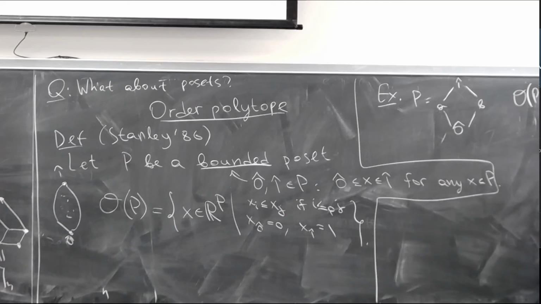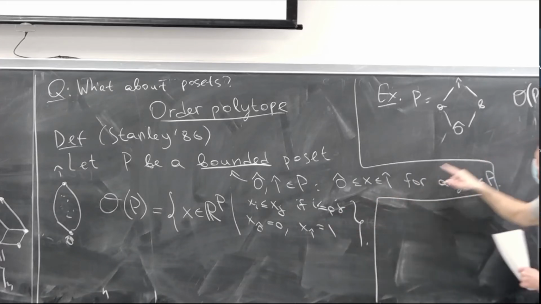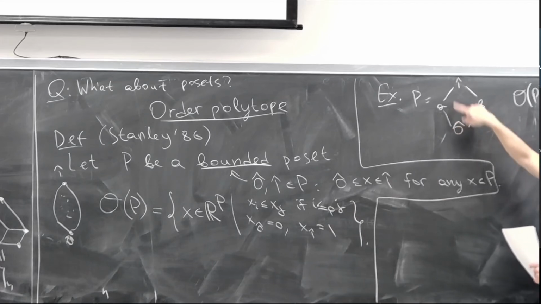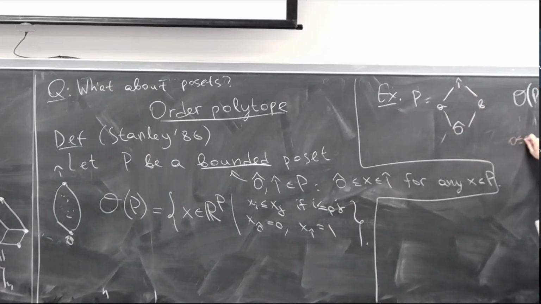A square, interesting. Indeed, if you look at these inequalities here, A has to be between 0 and 1, and then B has to be between 0 and 1.